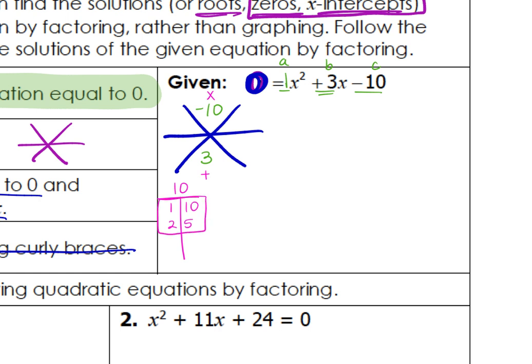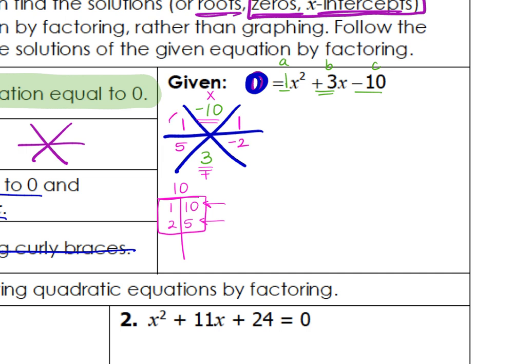You're trying to figure out which ones it is. Your a value, I didn't write the a value in, these should both be 1s. But what could you multiply to get a negative 10 that you could add to get 3 from these two lists? Did you say 5 and negative 2? Because that would be correct.